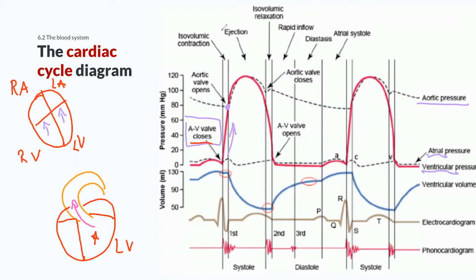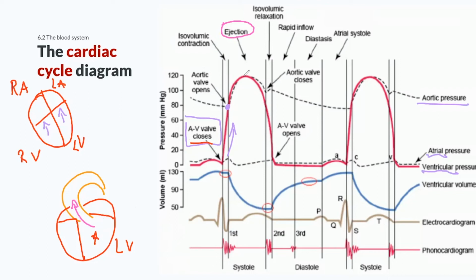This is the moment of ejection. The blood is being squeezed out of the ventricles. The same thing happens to the pulmonary valve and the pulmonary artery, but we're not going to look at it right now because the pressures here on the left side are much greater.